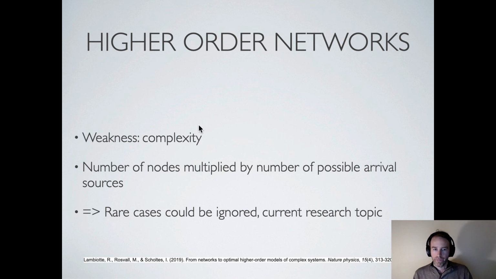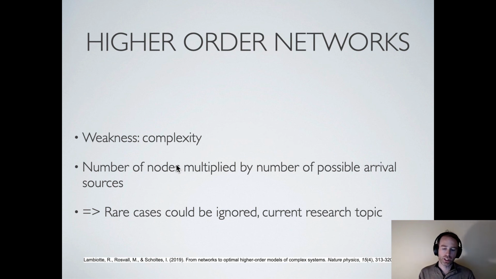So I think this is a very interesting representation. The weakness is its complexity, time complexity and space complexity of the algorithm, because the number of nodes is actually multiplied in this higher order network by the number of possible arrival sources.